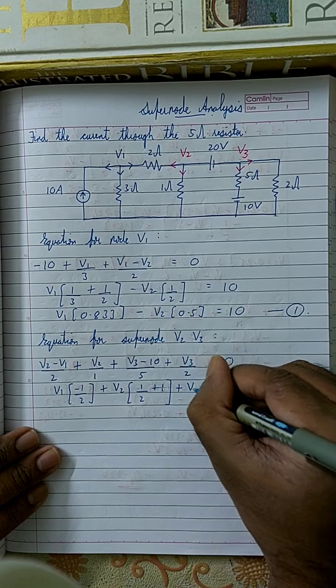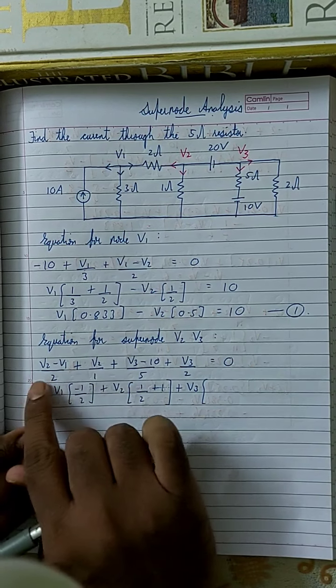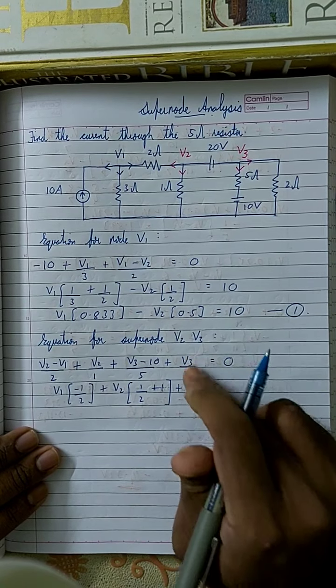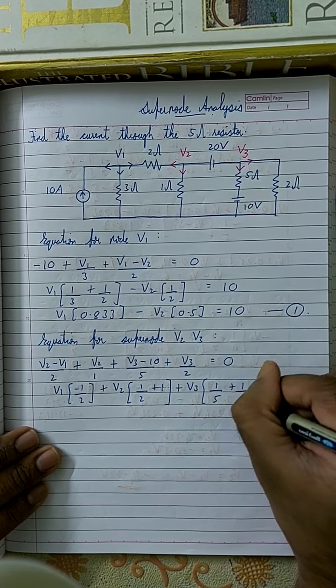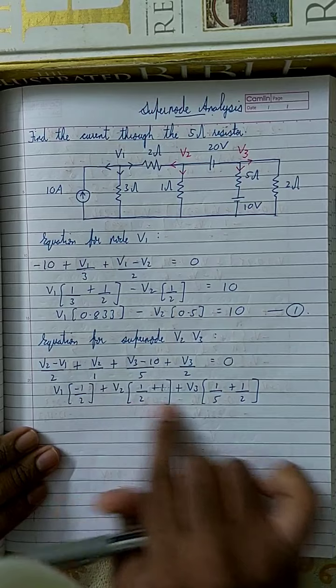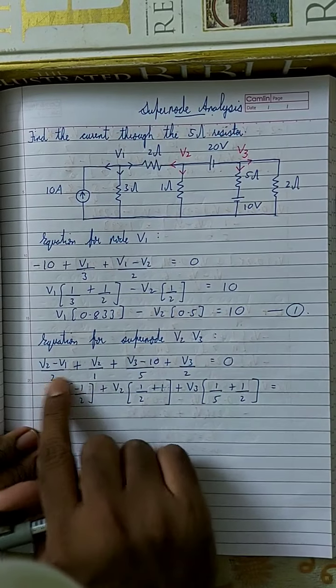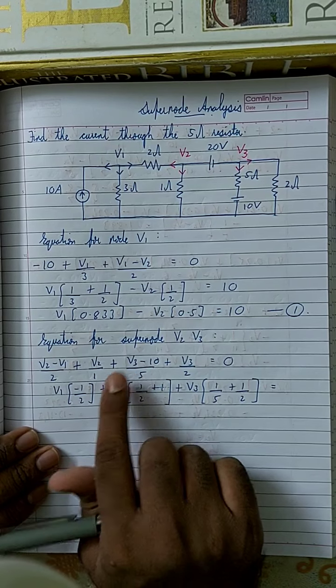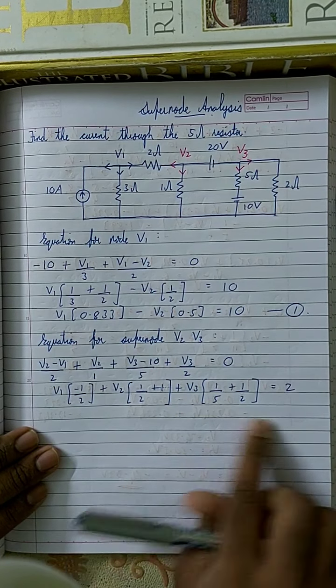Now I'm going to write in terms of V3. And when I look at V3, there is one V3 over here, that's 1 by 5. And there is one V3 over here, that is 1 by 2. So it's plus 1 by 2. That's it, right? No other equation, right? This is equal to, or any constants? Yes, there's a constant, that is minus 10 by 5. Minus 10 by 5 is minus 2, which becomes plus 2. There you have it.